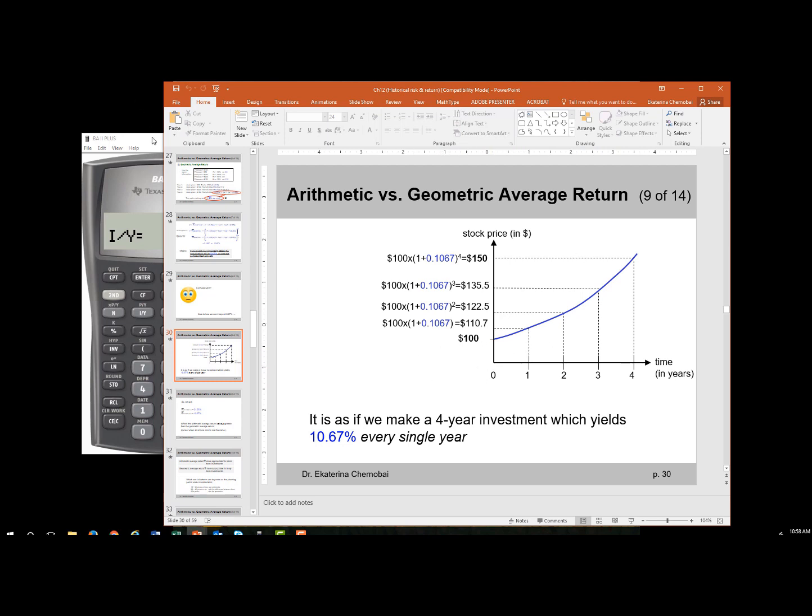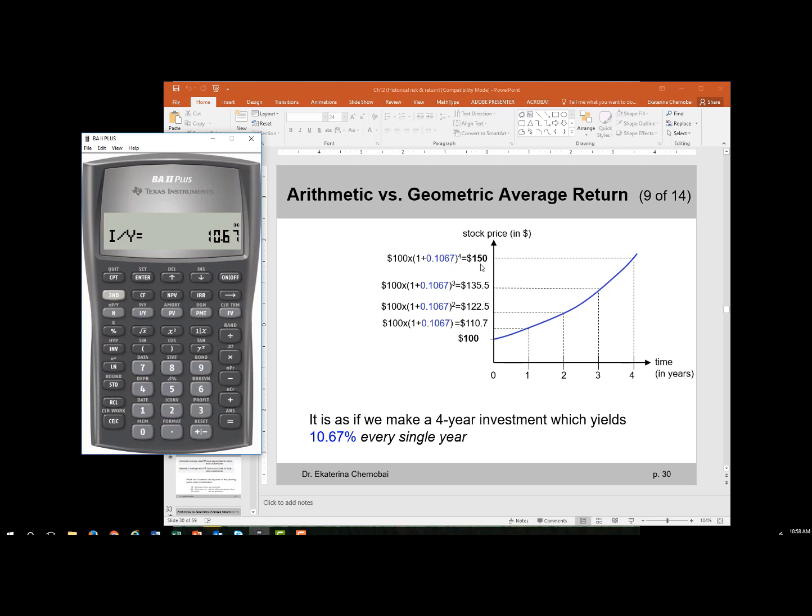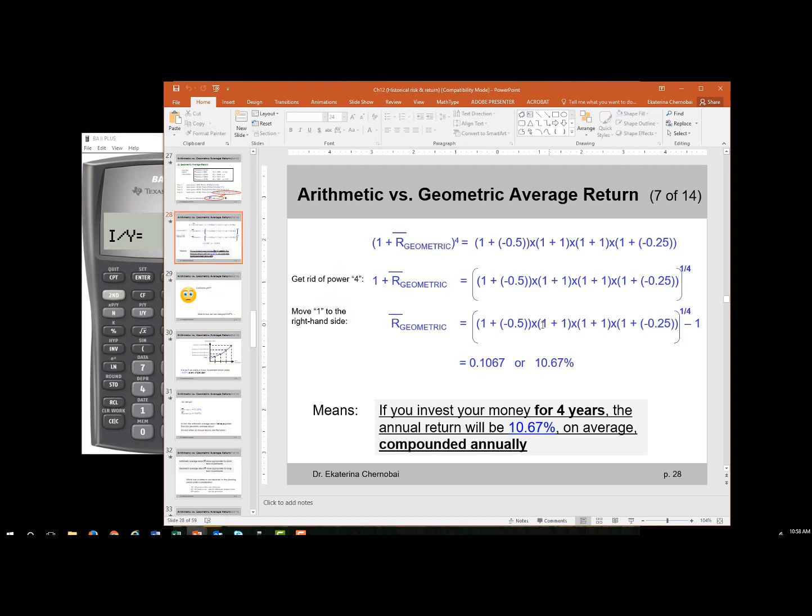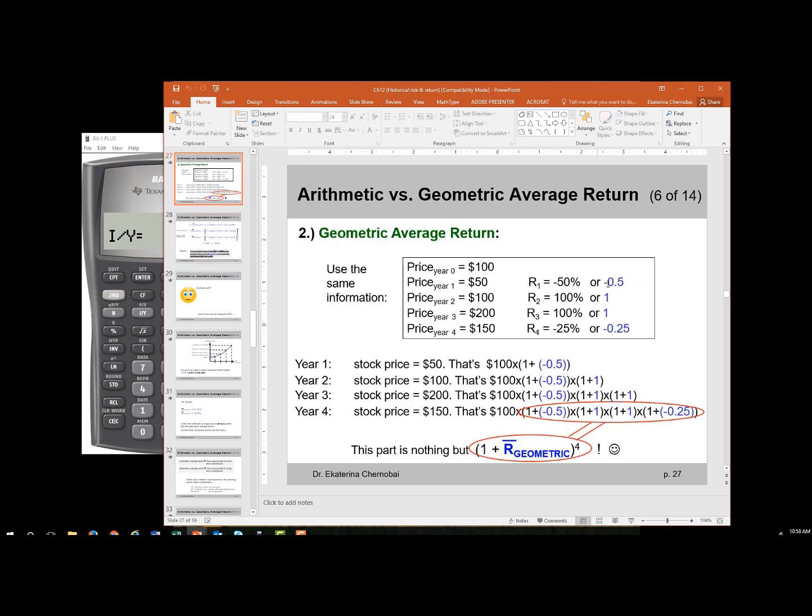And the third method I've just shown you was if you don't know any dollars, you just know the 4 returns, right? You can use them one by one to find future value 1 year at a time, and then the last future value is your FV, 1 is your PV, they are 4 years apart, 4 is your N, compute IY, same result.